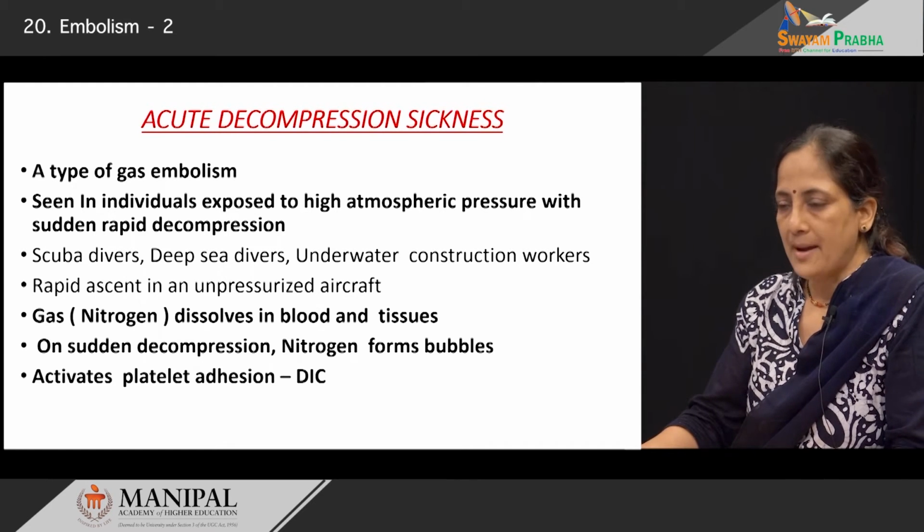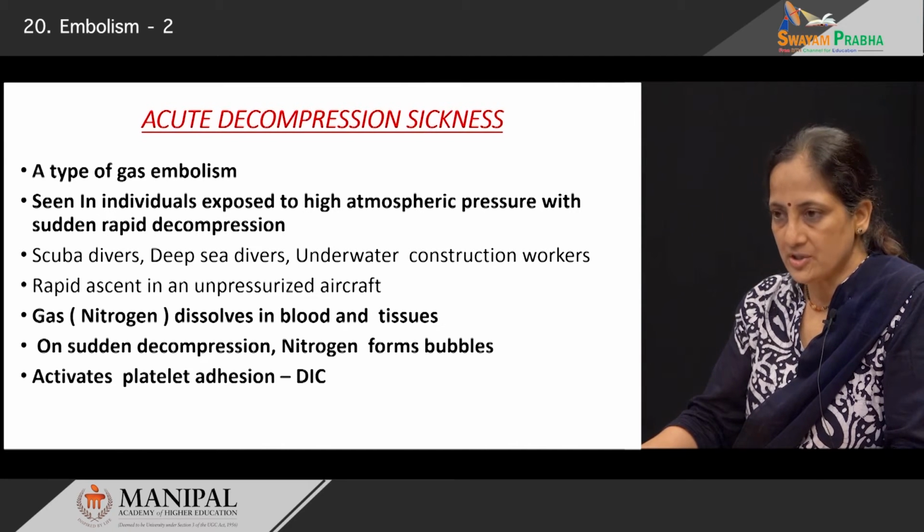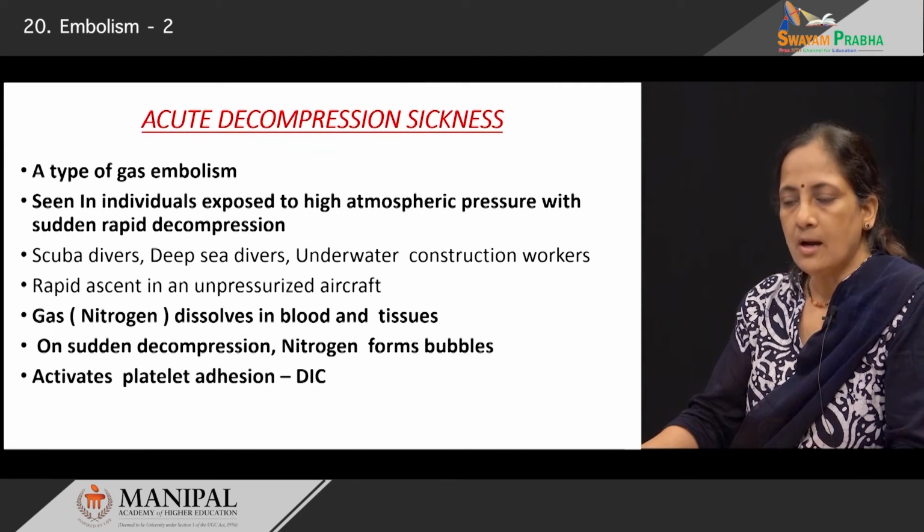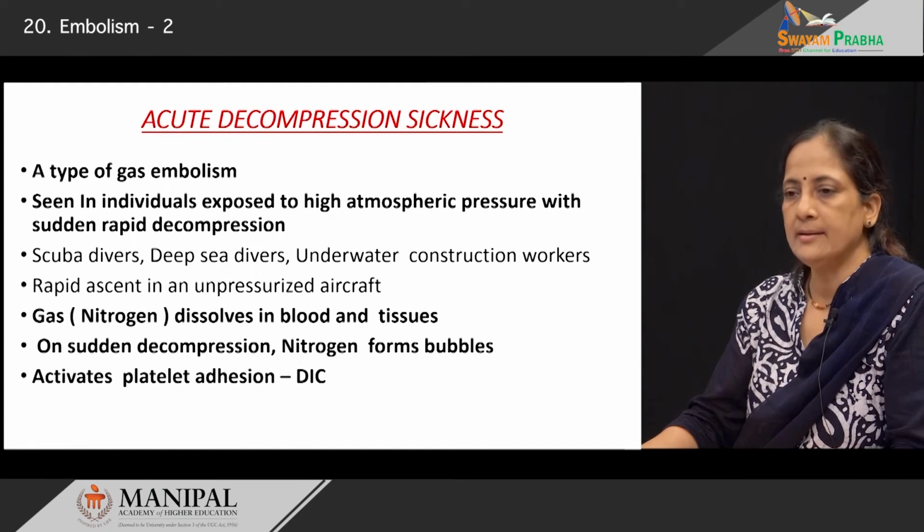When they descend rapidly from that high atmospheric pressure to the surface, the nitrogen which was in their inhalation mixture comes out of solution and forms bubbles in the blood and in their tissues.